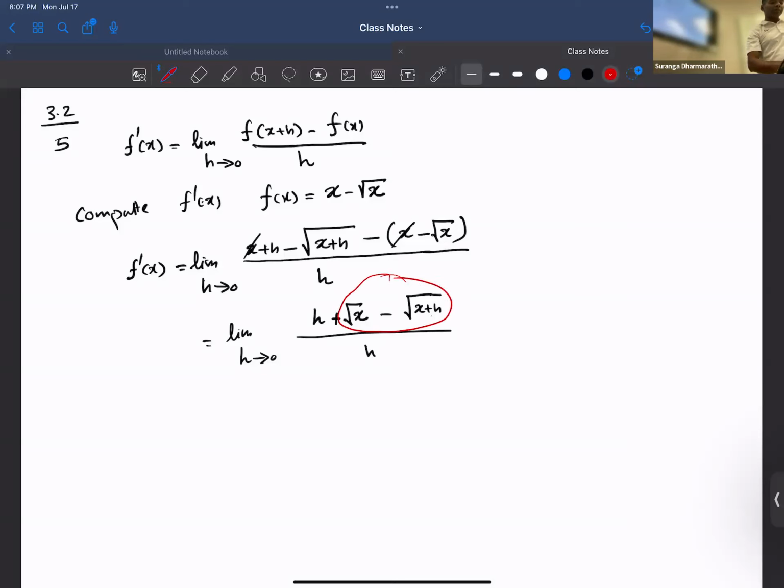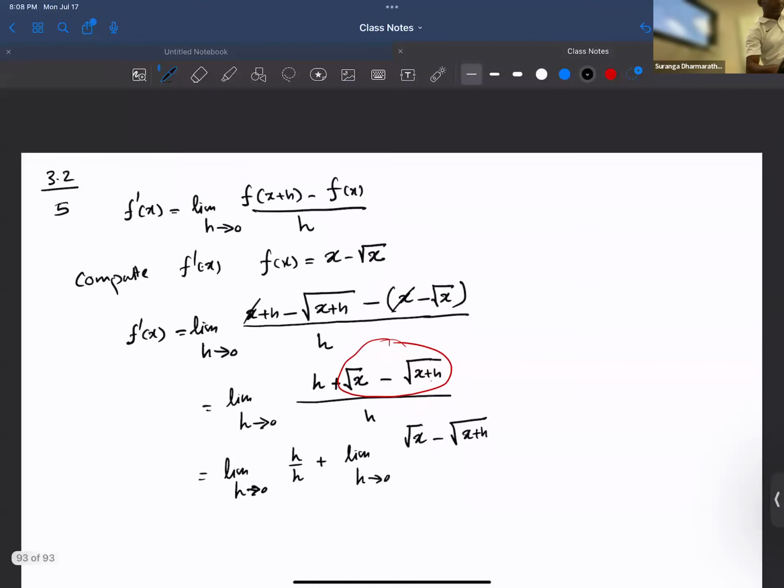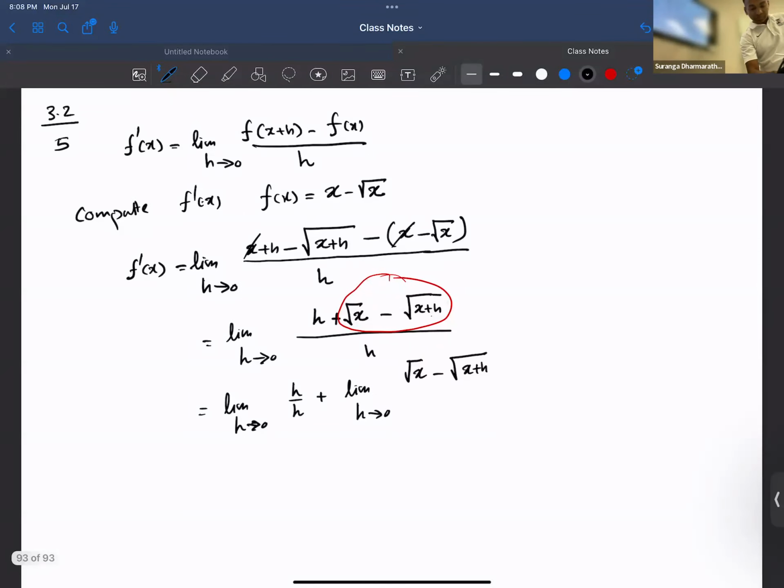And then what you can do is separate this into two parts, to make it easier for you. So what I would do is take the limit as h goes to 0 of h over h, plus the limit as h goes to 0 of the square root of x minus the square root of x plus h, divided by h.